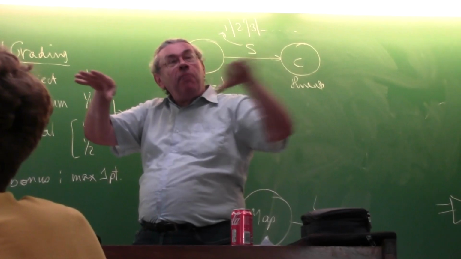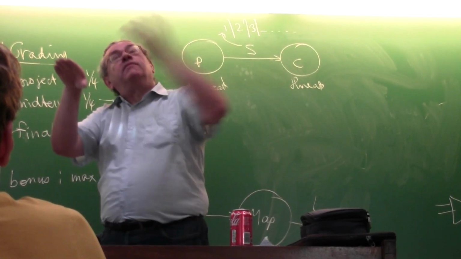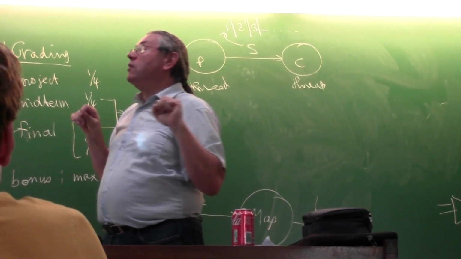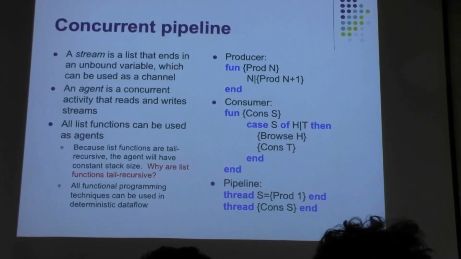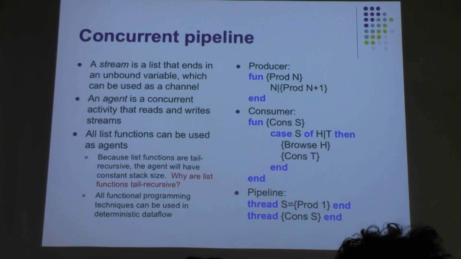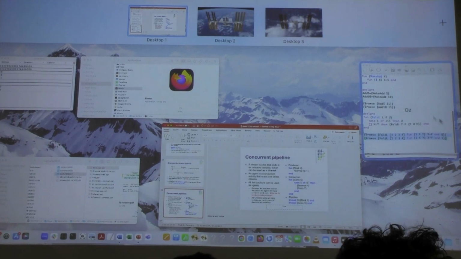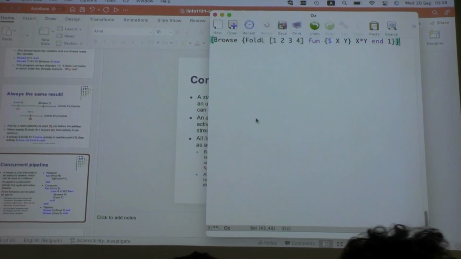So you see, automatically, the consumer will very nicely wait for the elements to arrive. So this gives you a very nice data flow stream concurrency behavior. So then you just run this. Just run regular code.